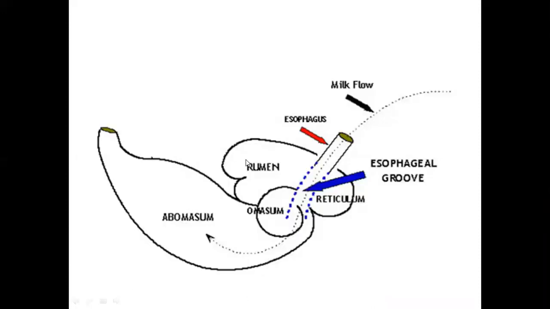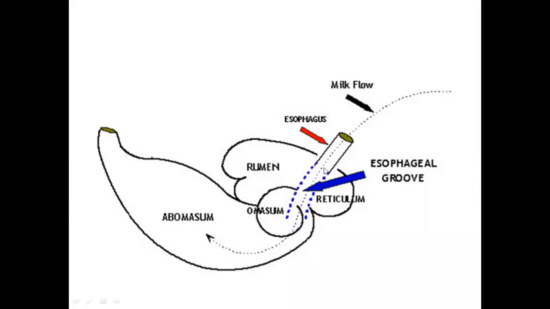And as we said that there is an esophageal groove, and the closure of the esophageal groove allows the milk to go directly to the abomasum, and you can see the size of the abomasum is much larger than the size of the other compartments. So this is the stomach of a young kid. এটা একটা young kidের stomach, and the milk will obviously come through the mouth and esophagus, and after that, other than going to the rumen, there is a line to go to the rumen.